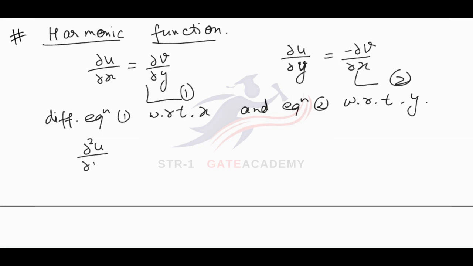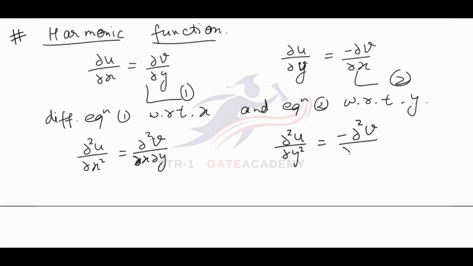Left hand side will become del square u upon del x square is equal to del square v upon del x del y, and this side we will get del square u upon del y square is equal to minus del square v upon del y del x.